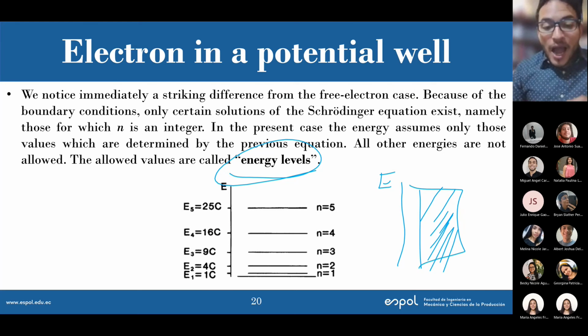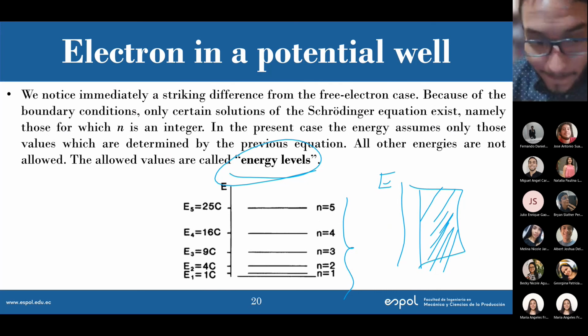Now I only have levels of energy that are allowed, with n as an integer. Is it clear, guys?